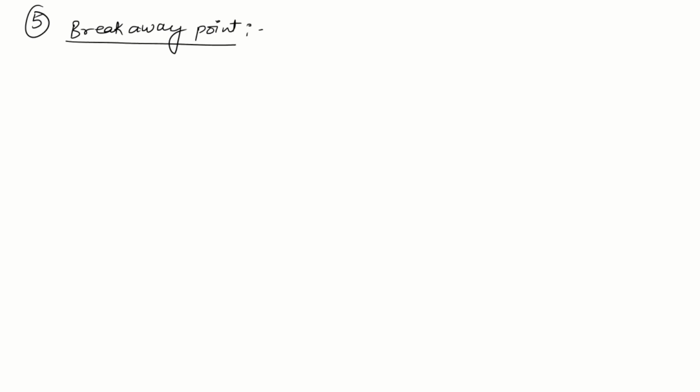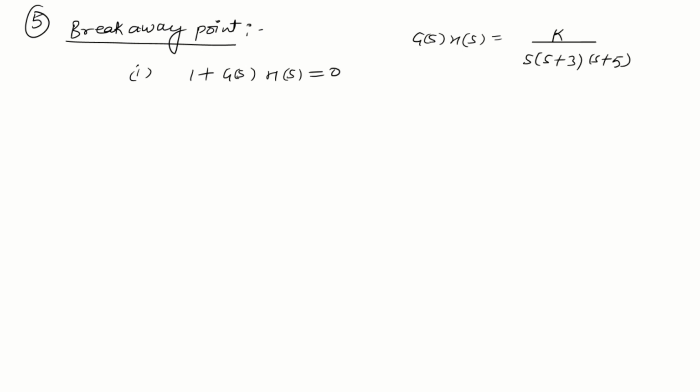To calculate the breakaway point, as we discussed, first we will write the characteristic equation 1 plus G(s)H(s) equals 0. Since the value of G(s)H(s) is given to us, this is equal to K by s(s plus 3)(s plus 5). So we will put this value here: 1 plus K divided by s(s plus 3)(s plus 5) equals 0.